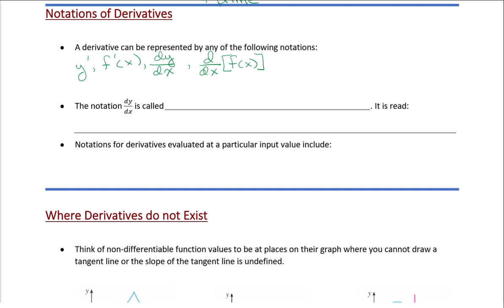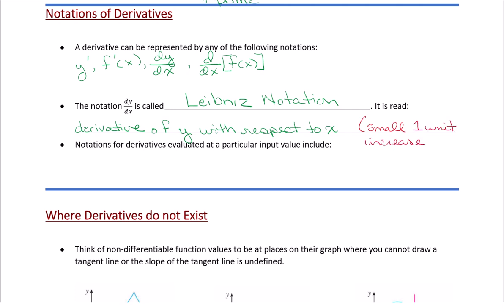Now, the notation dy over dx is called the Leibniz notation, and it's read as the derivative of y with respect to x. And remember that x can have just a small 1 unit increase in x in the interpretation.